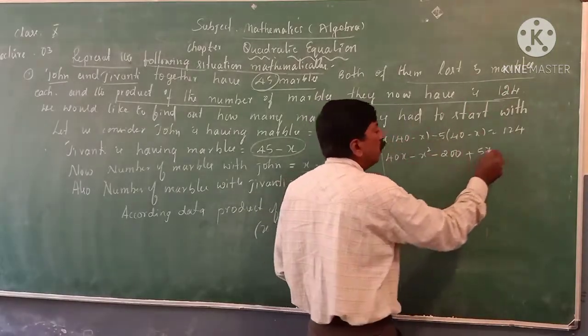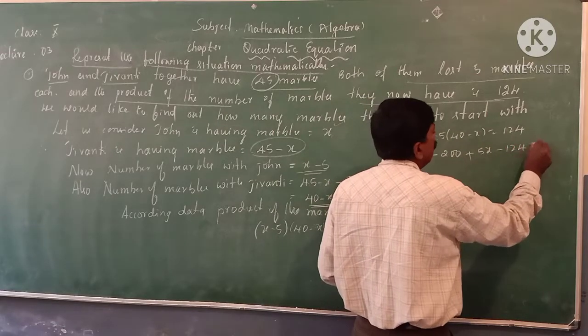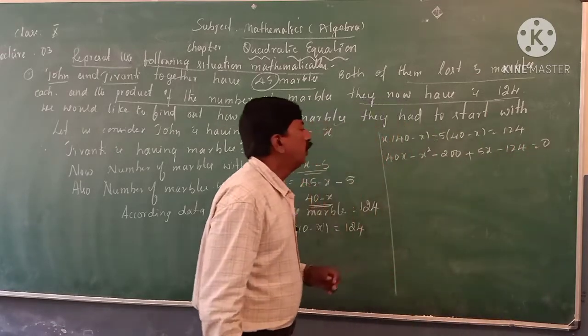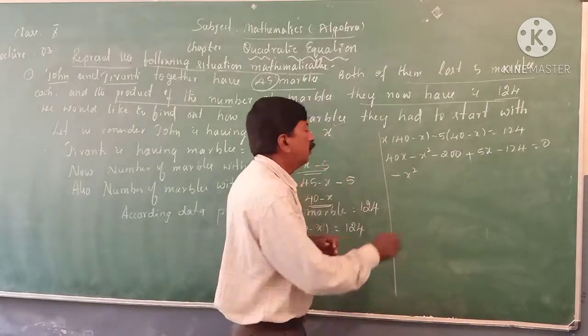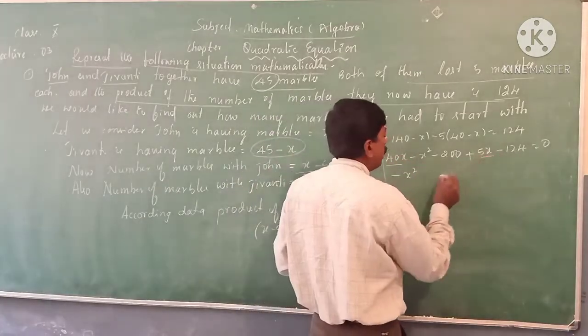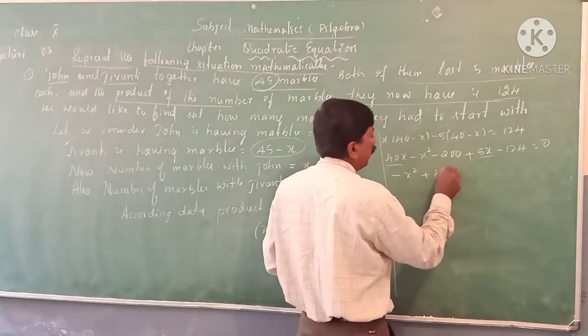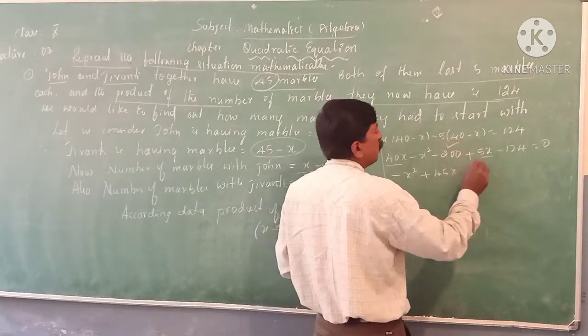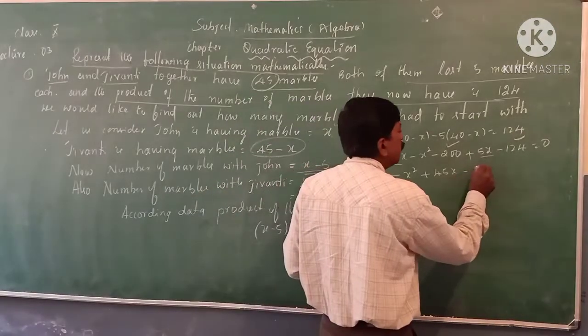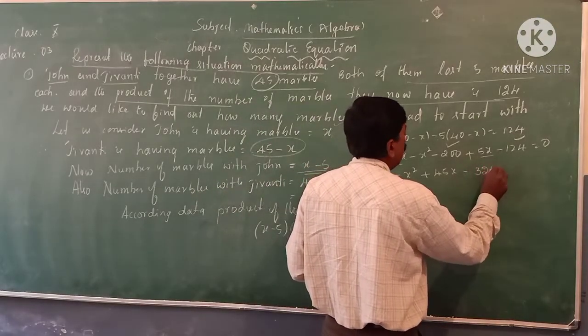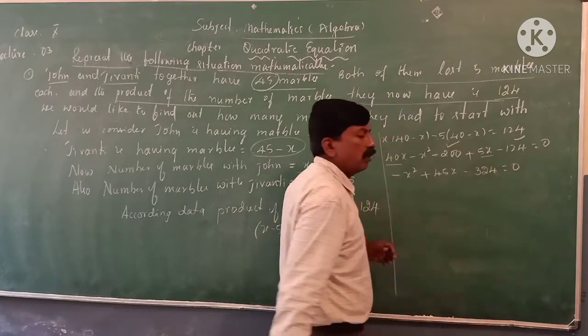Shift 124 to the LHS, equal to 0. Now minus x square, write as it is. 40x plus 5x is plus 45x. Minus 200 minus 124 is minus 324.